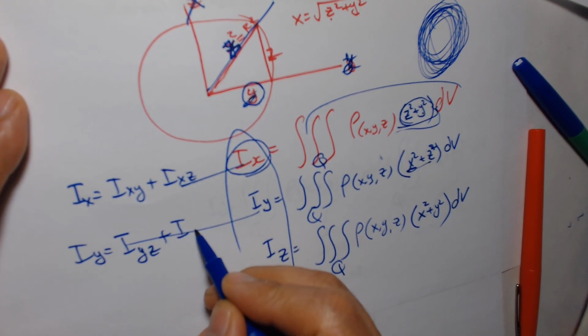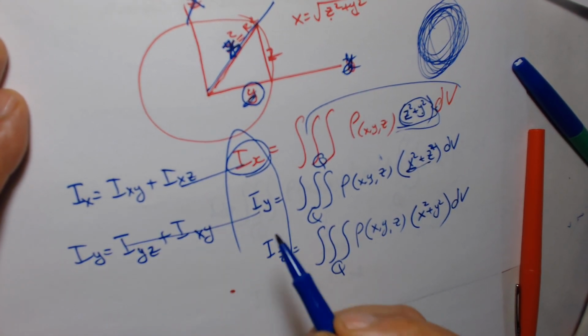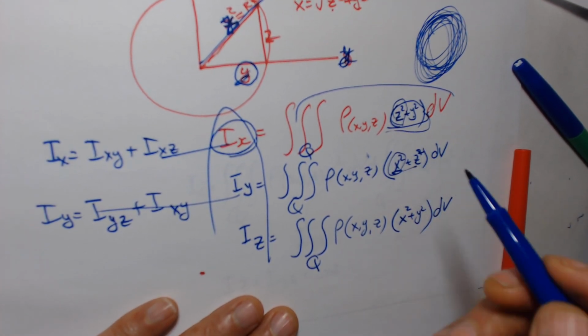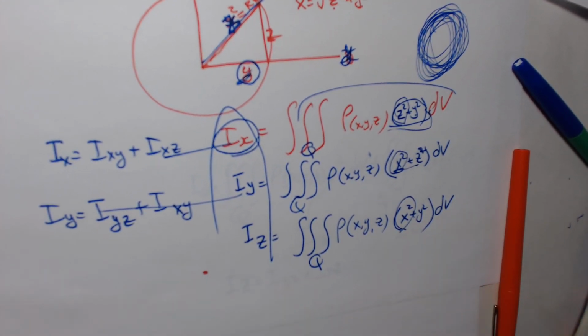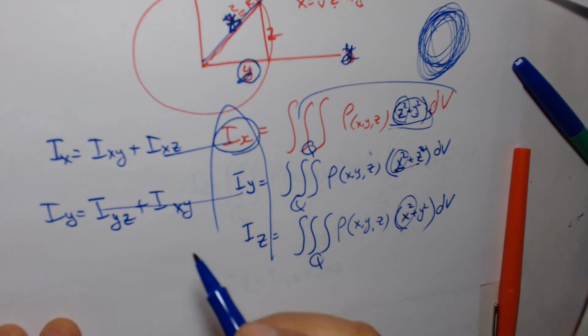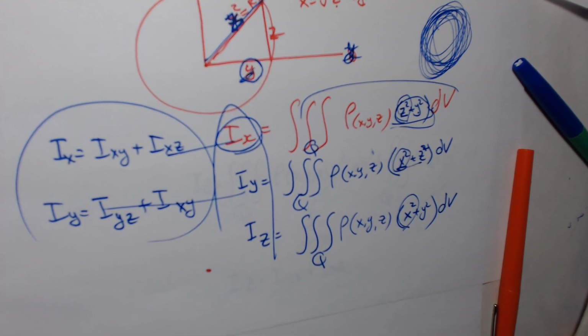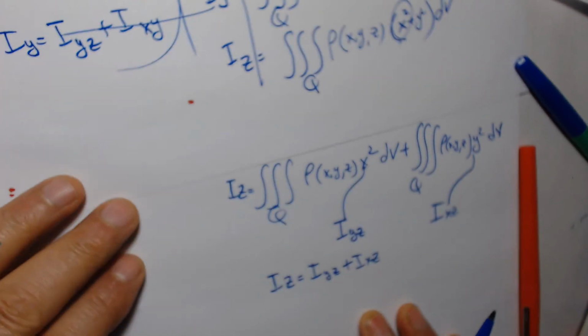Therefore, if you want to do each of these single, x squared, y squared, z squared, perfectly fine. You can use this formula to find the moment of inertia. That's extremely helpful because these processes are not easy.